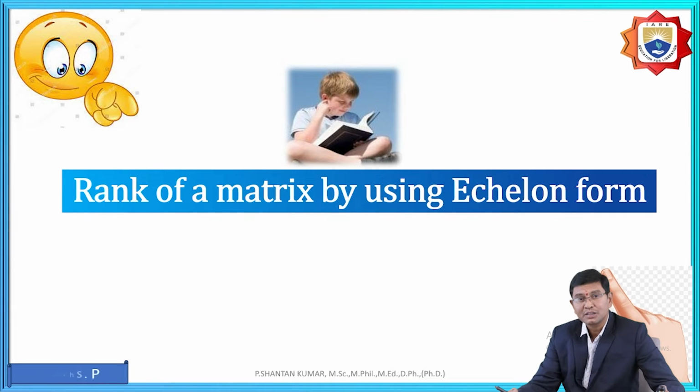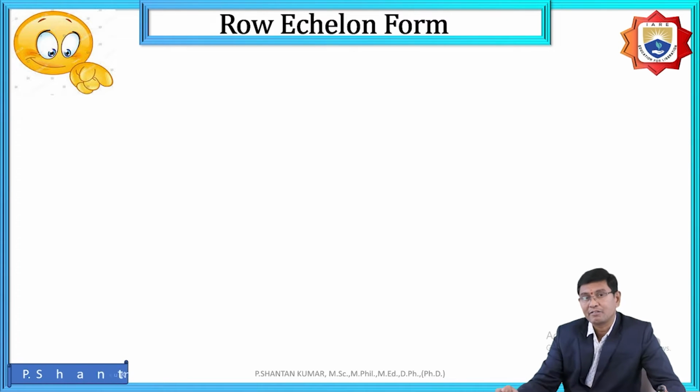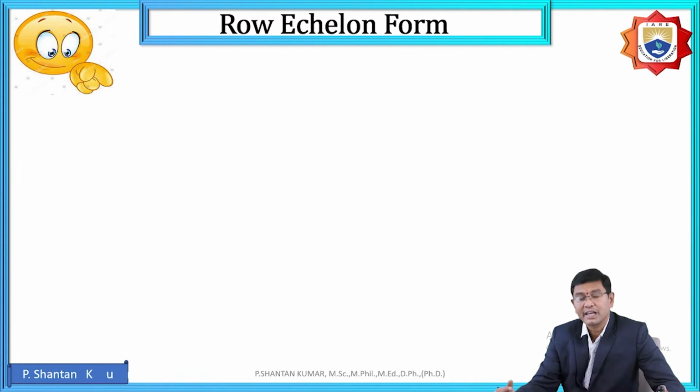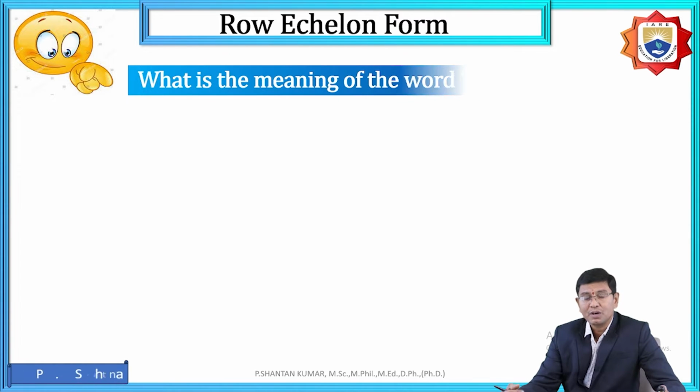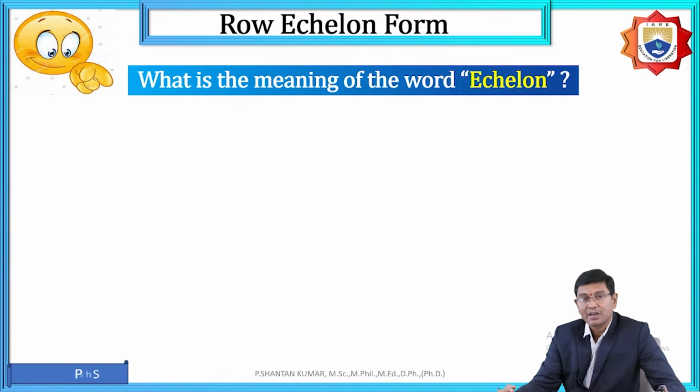Before going to discuss the Echelon form, what is the meaning of the Echelon form? Sometimes the Echelon form is also known as the row Echelon form. First we need to understand the meaning of Echelon, then how to identify the Echelon form, and based upon the Echelon form, how to find the rank of a matrix.